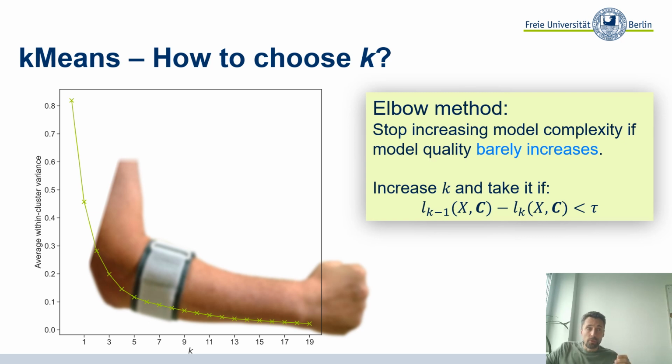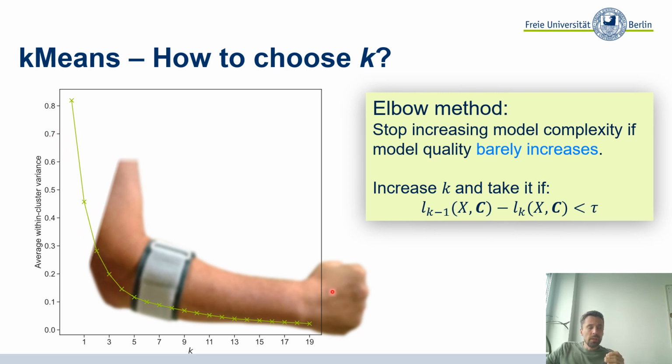So how do we choose k? The solution is something between k equals 1, which in itself is a solution that we don't really want, because this would be just the mean of the data, and this value is the sum of all distances of the data to their mean.